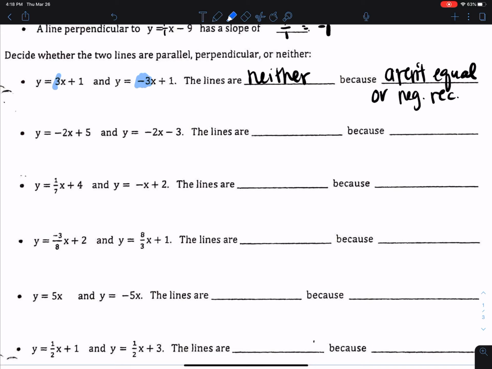The next one we have negative 2x plus 5 and negative 2x plus 3. These ones would be parallel because the slopes are the same.